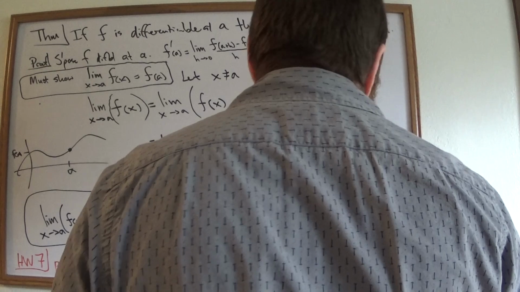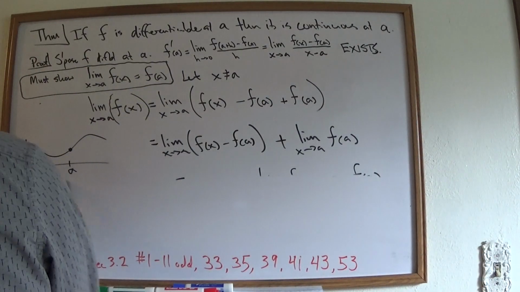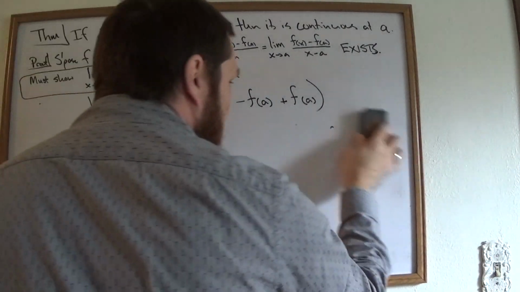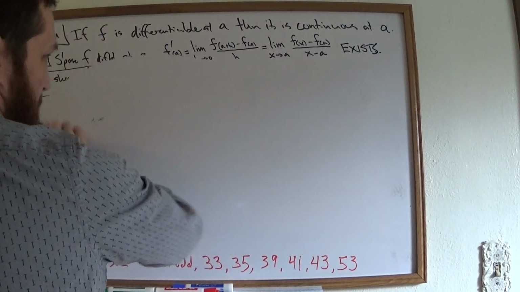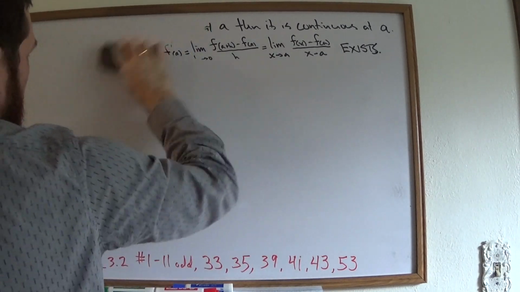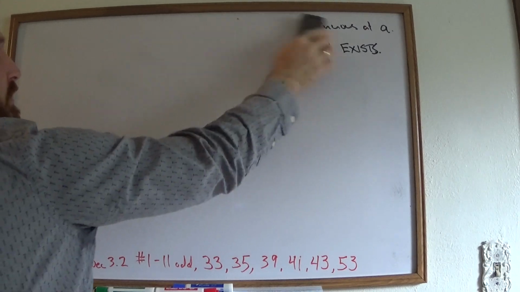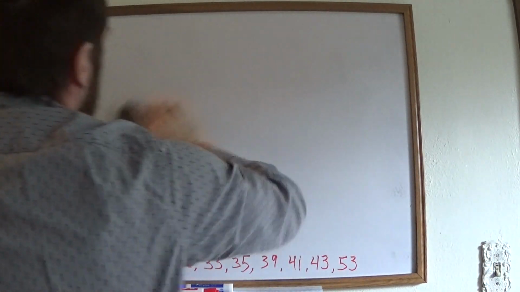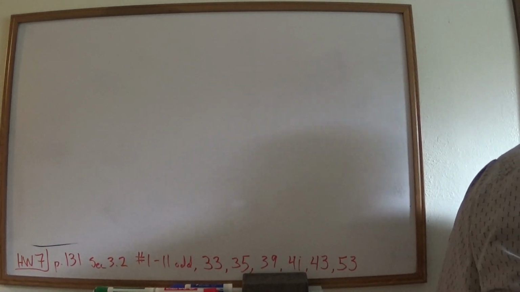Now I'm going to blow your mind real quick. You might think, what kinds of functions would be continuous but not differentiable? And there's a lot of them. We just saw one, but that was only at one point.